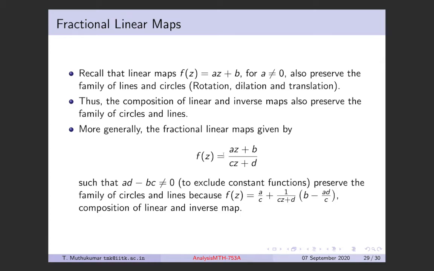Take a over c common, so what you get is a over c times cz plus d, and then the cz plus d in the denominator and the cz plus d in the numerator will cancel. So this f is precisely this map, and the reason we have rewritten it like this is to help you see that this is a composition of a linear map and the inverse map. We have already shown that both of them preserve the family of circles and lines, so this composition also preserves the family of circles and lines.